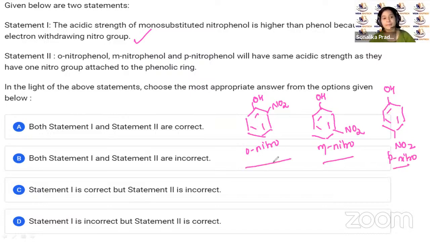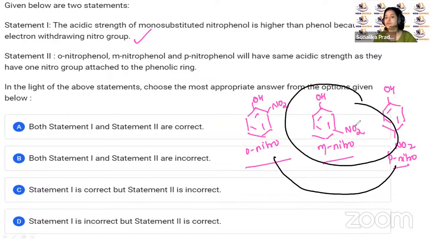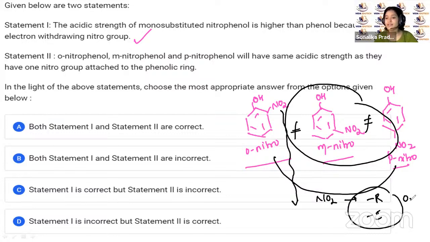Right? Okay. These two are very much acidic. But as compared to M-nitro, they are not going to be equivalent to any of this. Why? Because we know that NO2 will have both minus R and minus I effect at both ortho and para position, right? So it is very successful in withdrawing the electrons or decreasing the electron density.